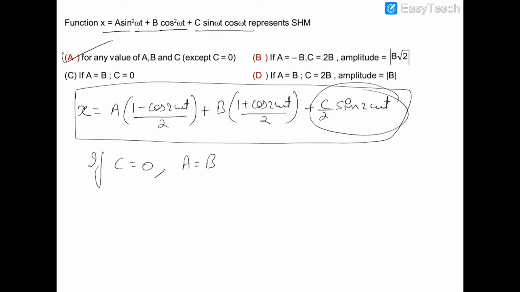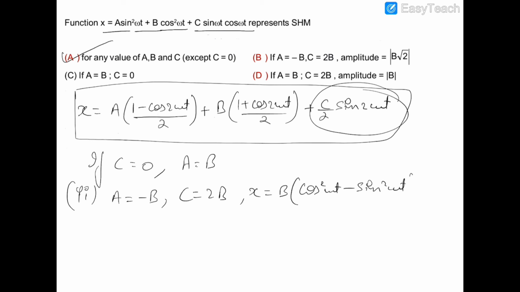Now for option number B, which says that a is equal to minus b and c is equal to 2b, then this motion would be a simple harmonic motion of amplitude root 2 b. So let us substitute these values, that a can be written as minus b, so this is b times (cos square omega t minus sine square omega t) plus c by 2 sine 2 omega t.